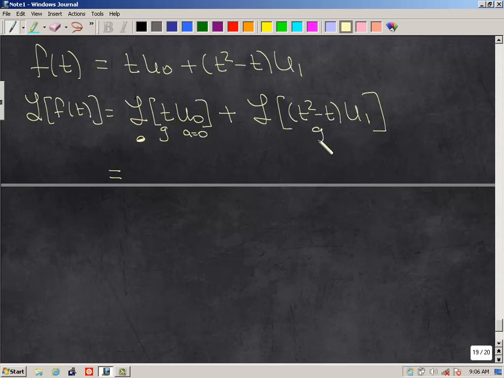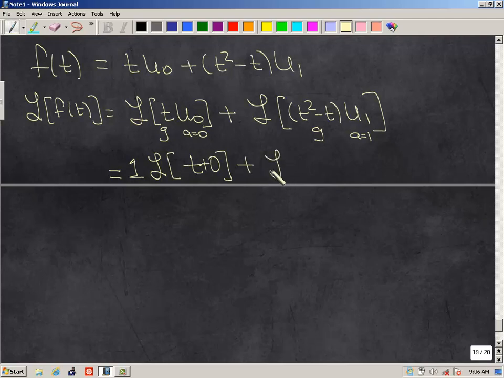In the second case, this is g and a is 1. Using property 3 that I just gave you, we get e to the minus as. A is 0, so e to the 0 is just 1. You're going to shift g by 0, so you just get Laplace of t.